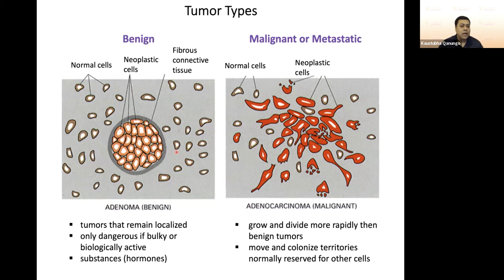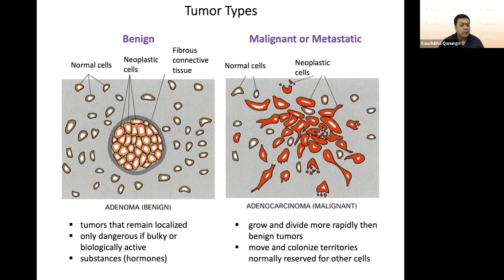So this is also another idea that in a benign tumor, usually there will be a fibrous connective tissue which is covering the cell. And here there is a very important concept. Remember that even in the benign cells, when a tumor is growing, they are still neoplastic cells.